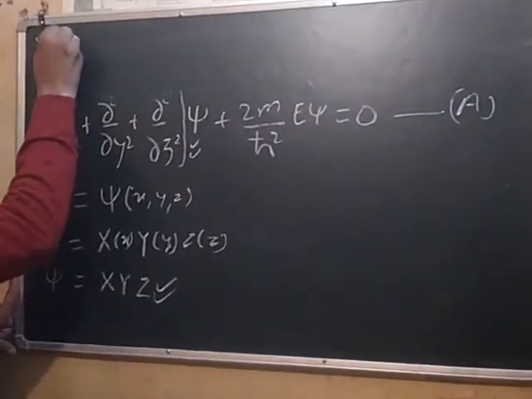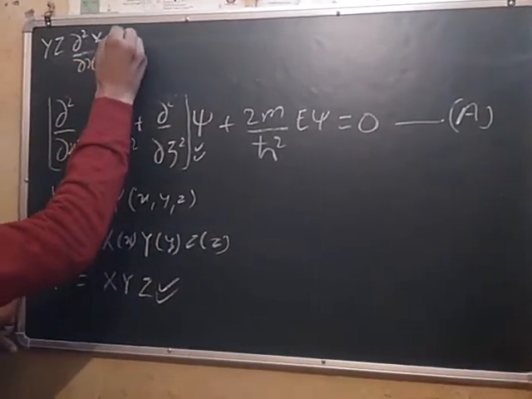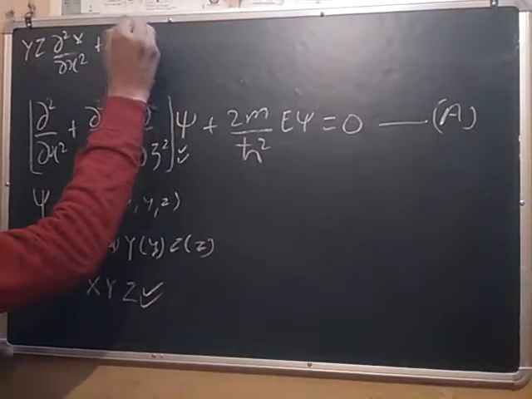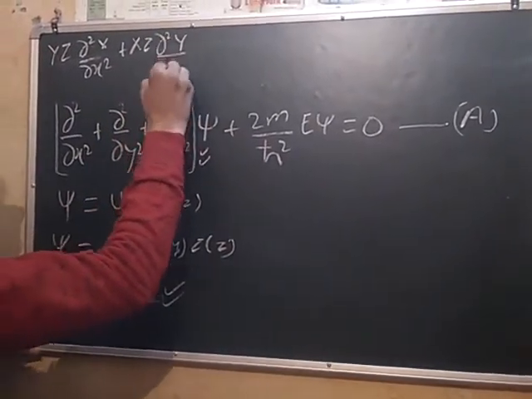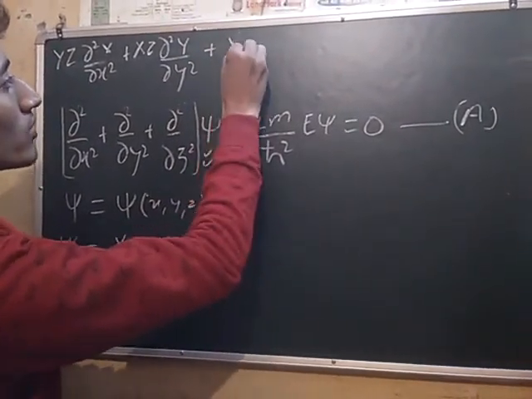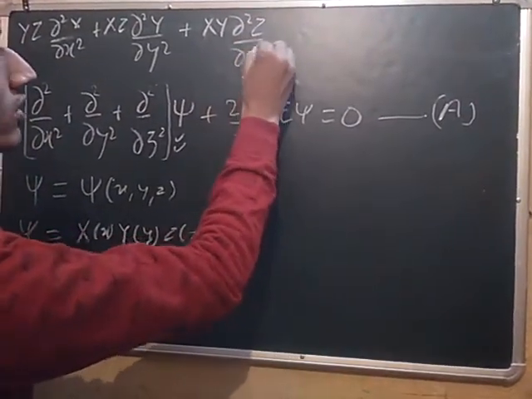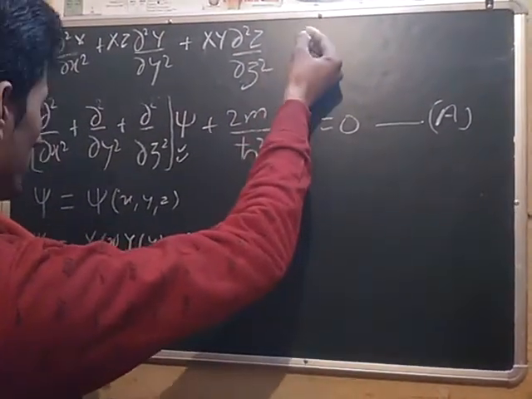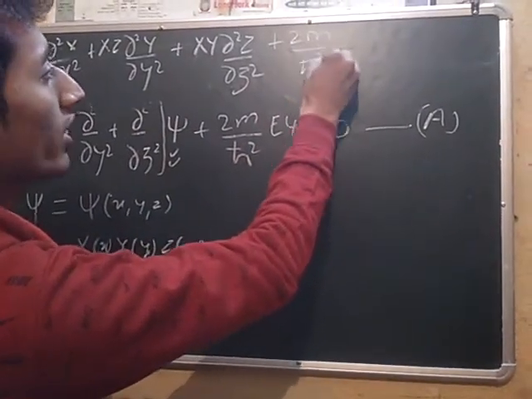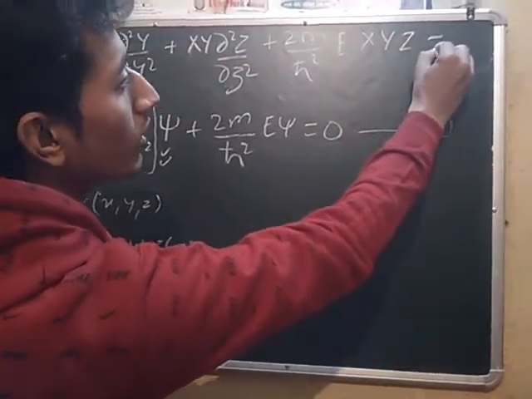So YZ del 2 X upon del x square plus XZ, for y, x and z is treated as constant, del 2 Y upon del y square plus XY del 2 Z upon del z square plus 2m upon h bar square into E XYZ, and it is equal to 0.